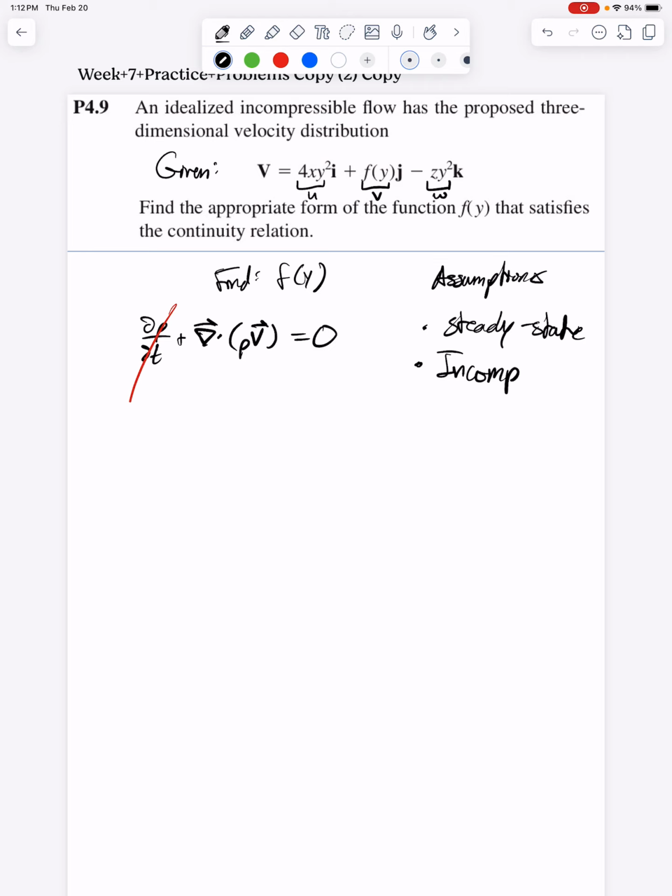This dot product is referred to as the convective term. Let's break it down.